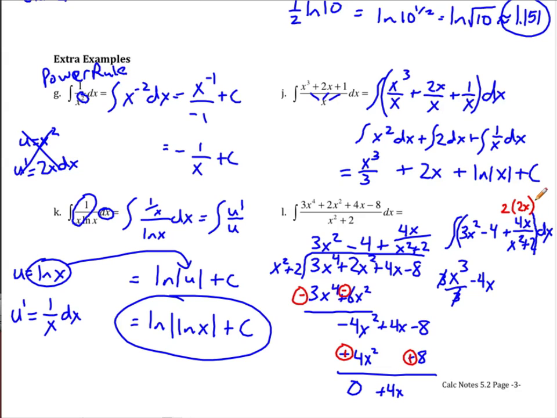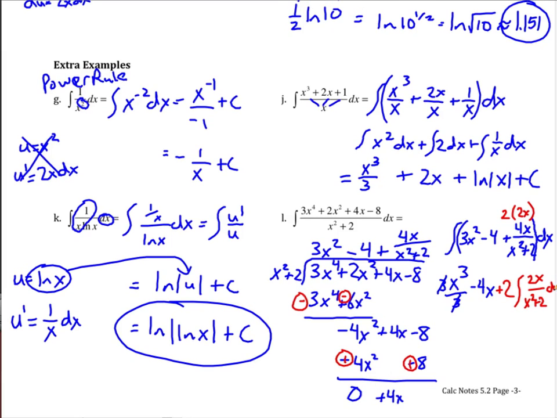And so now you can see I have u prime is 2x, and then we just have this extra 2 on the outside. So this is going to be plus 2 times the integral of 2x over x squared plus 2 dx.